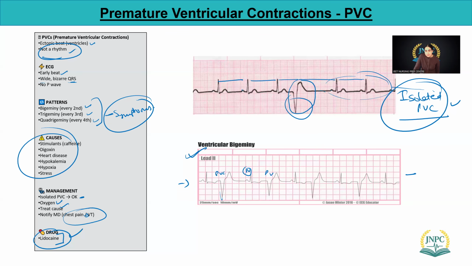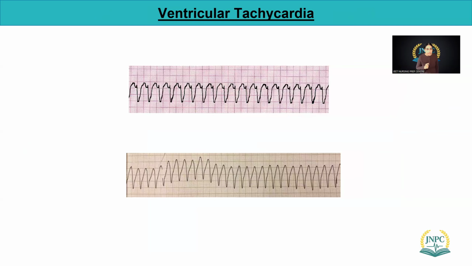Okay. So next is your ventricular tachycardia. Ventricular tachycardia, we call it tombstone. You all must have seen those graveyards, and on the tombs there is a tombstone in this form saying RIP.